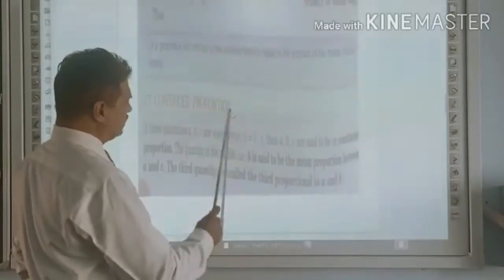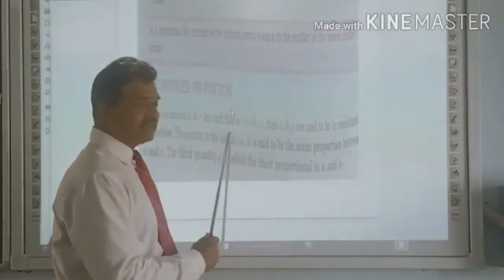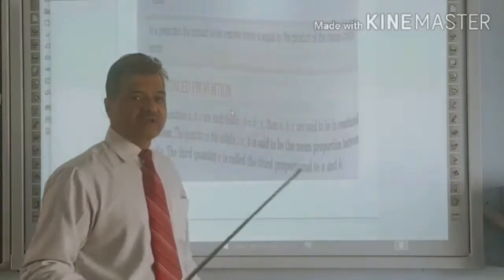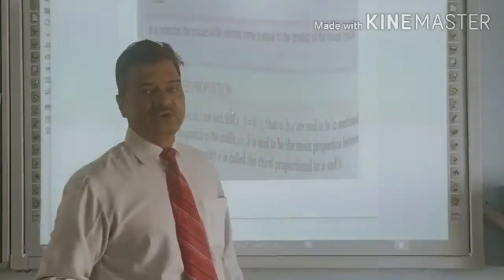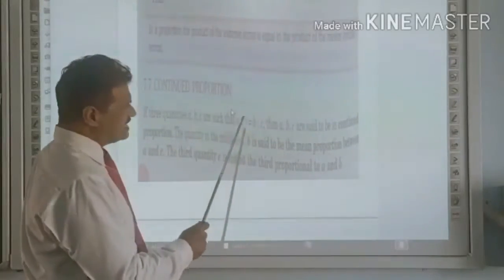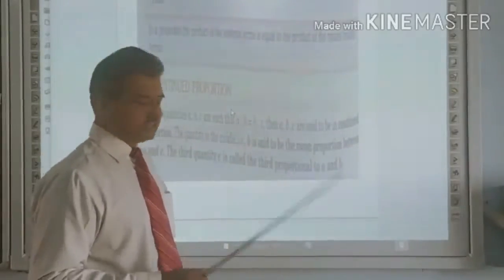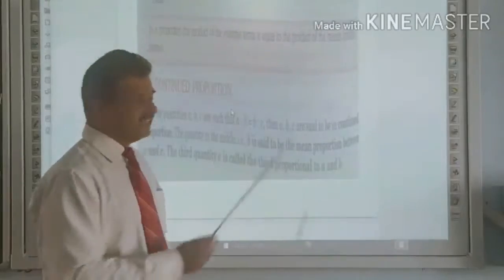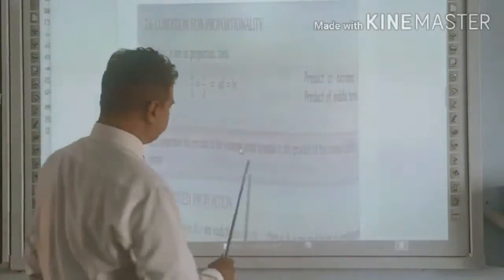Now, continued proportion. In any proportion, if the middle, mean terms are equal, then we say that it is a continued proportion. In continued proportion, A ratio B is equal to B ratio C. There are only three quantities, no fourth proportional. Here A, B, C are three proportionals, and in the earlier case D is the fourth proportional.